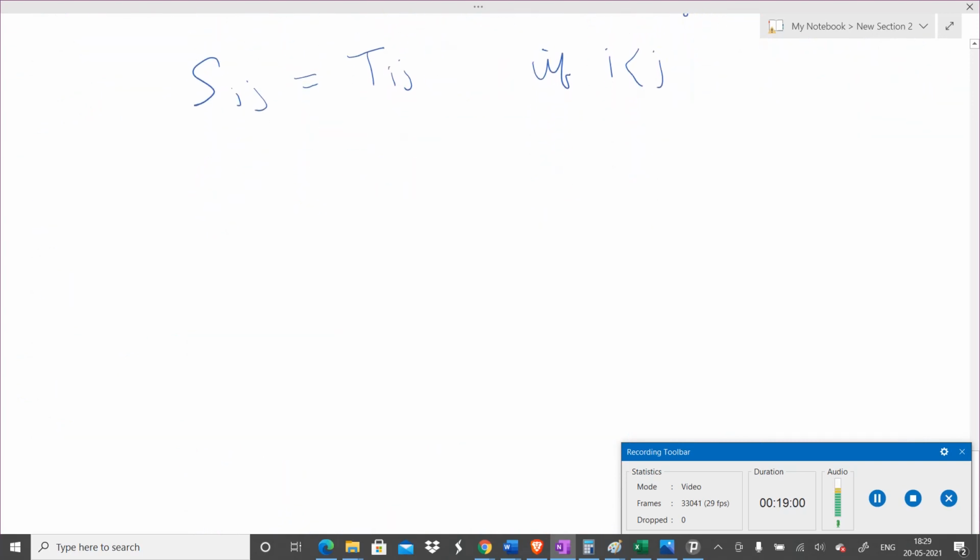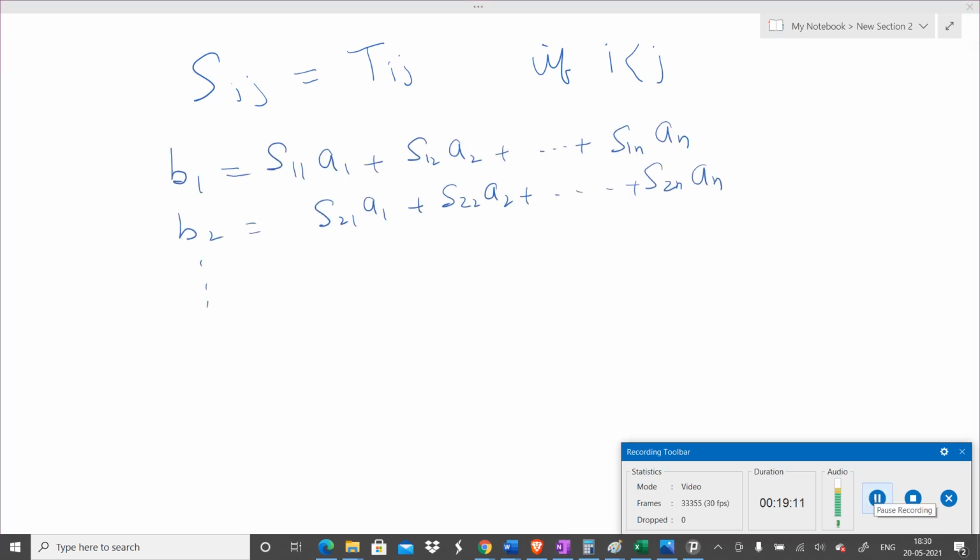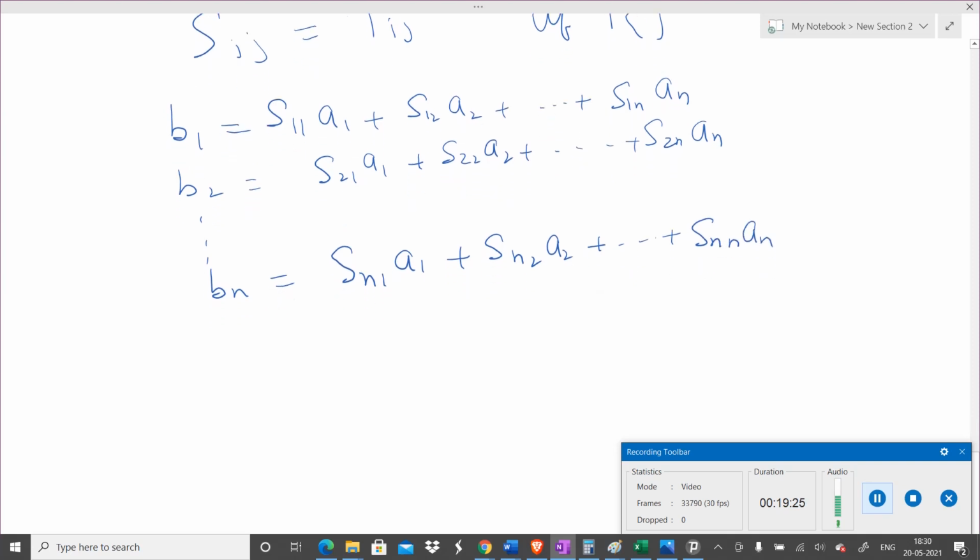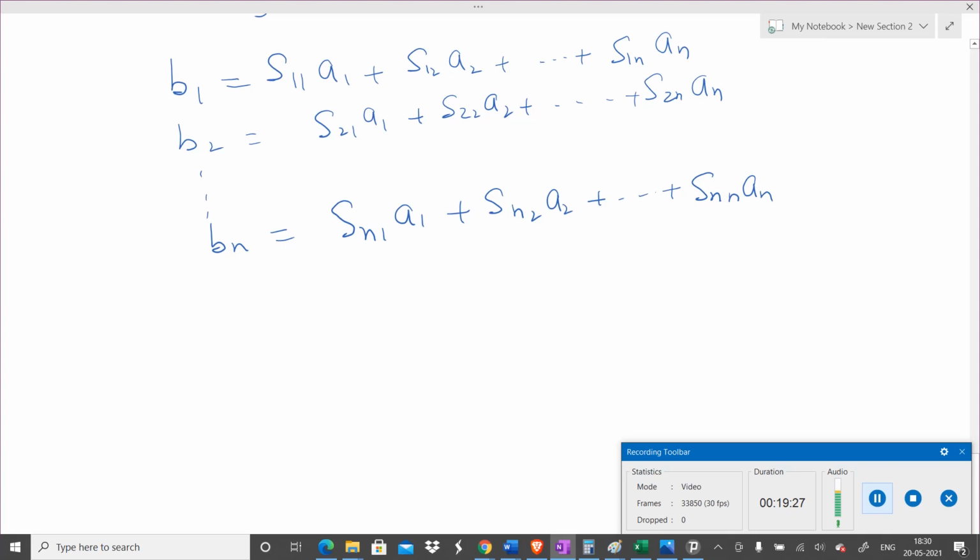I will again write in detail the relationship between A1, B1 and S parameters. So here is B1, B2 and so on. I will write Bn is equal to Sn1 A1 plus Sn2 A2 plus up to Snn An. So we can represent this as one vector.